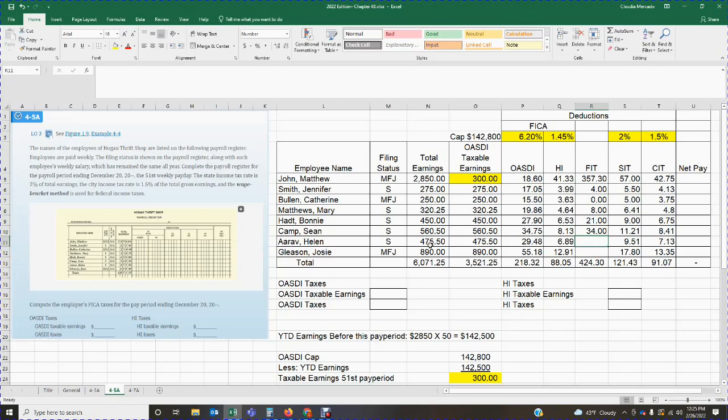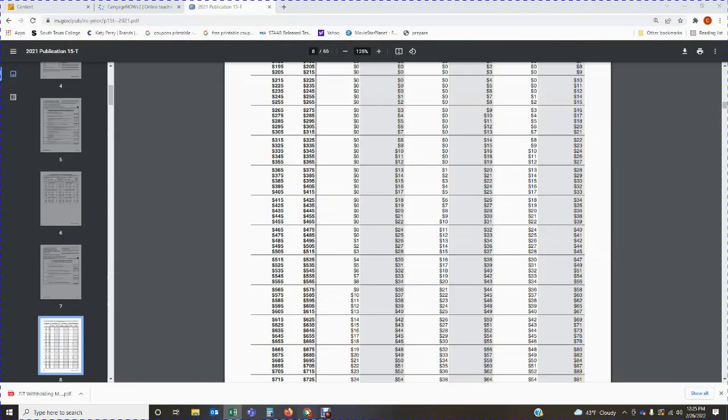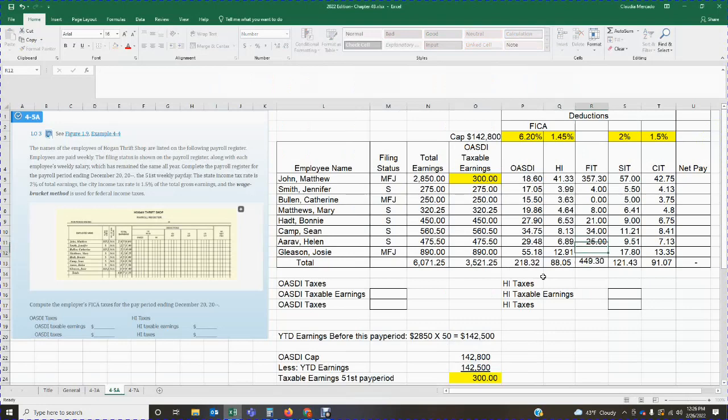Helen made $475.50 and is single. It's going to be this tier right here, and is single. So we're going to run our number across, and that is going to give us $25. And then last but not least, we've got Josie. Josie is married, filing joint, and makes $890.